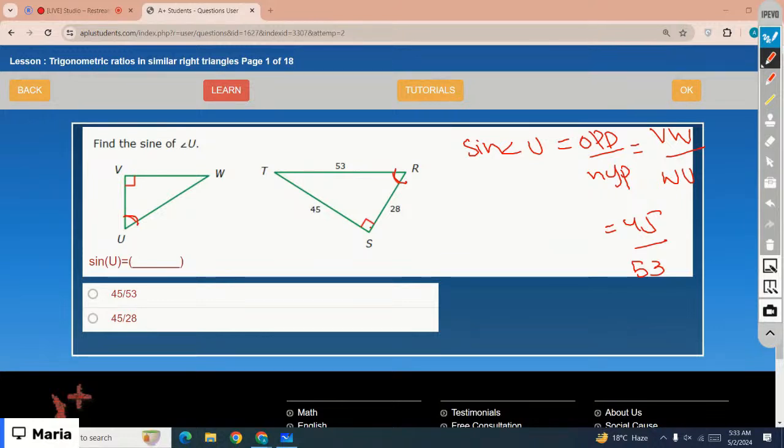Because both the triangles are similar, their sides are also proportional. Okay, the correct option is 45 over 53.